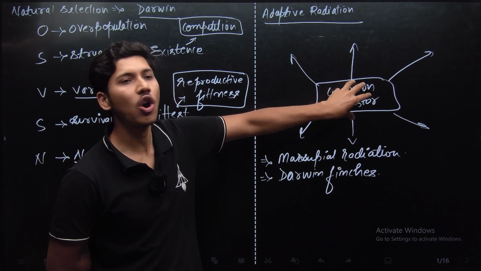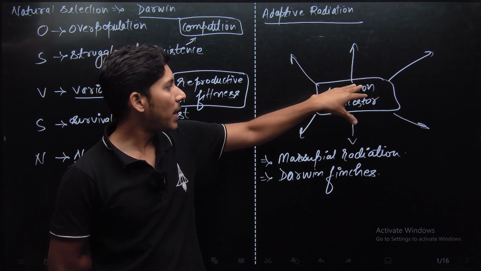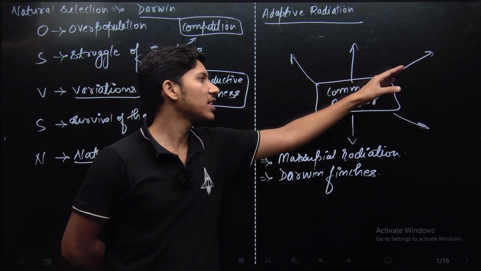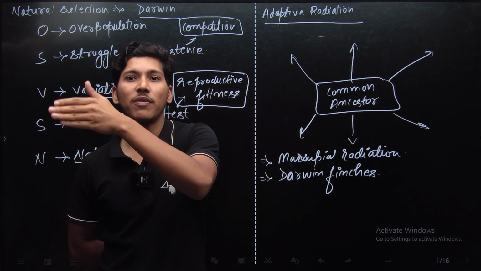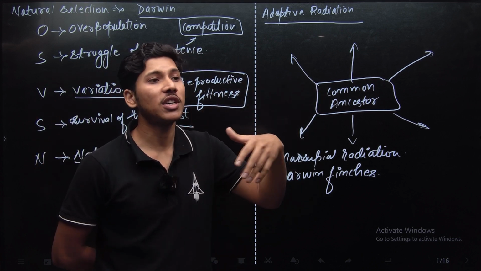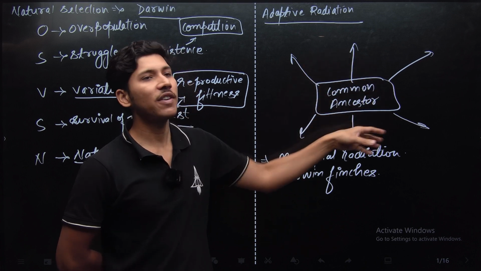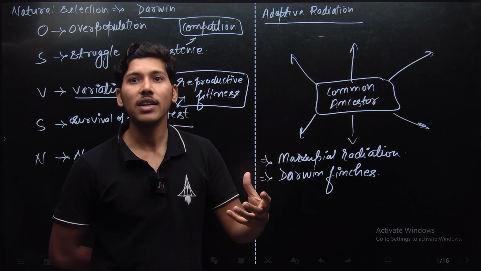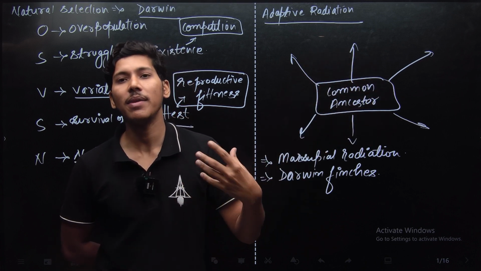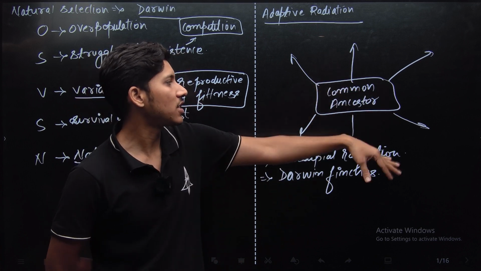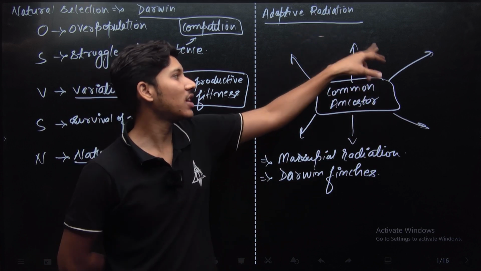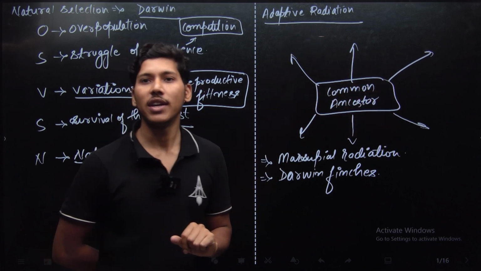If we have a common ancestor, but these ancestors start to live in different ecological niches, then due to different types of environment and ecological conditions, they evolve different traits and become different. They start to show variations, and that divergence or radiation is known as adaptive radiation.